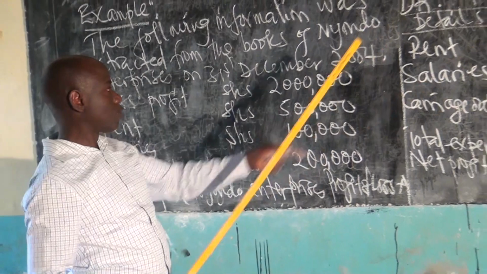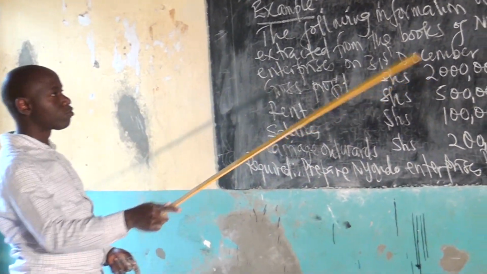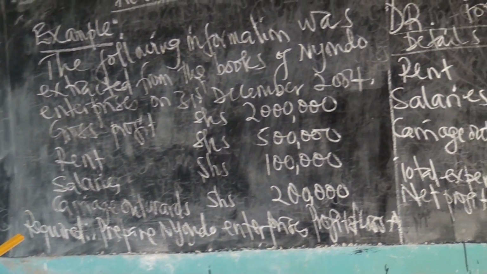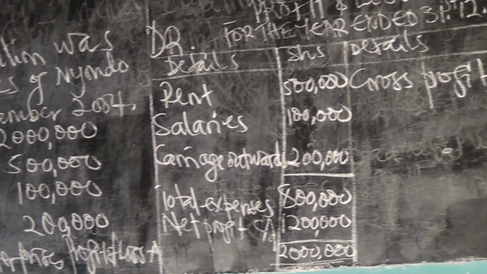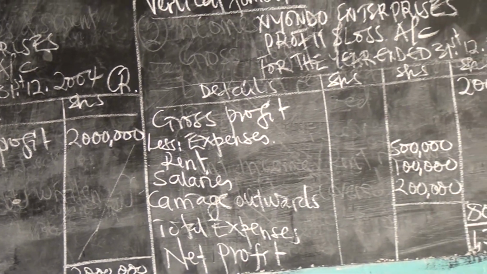So the two methods we use when you're preparing the profit and loss account, we have gone through them. I want to give the second example. After that second example, I will give a simple assignment.